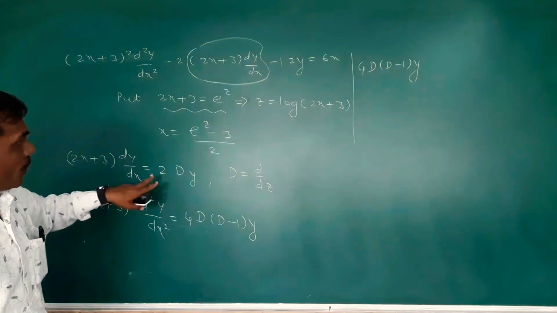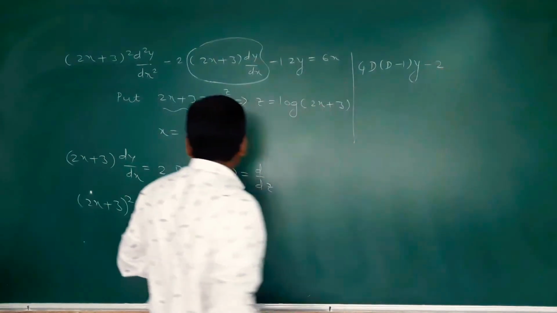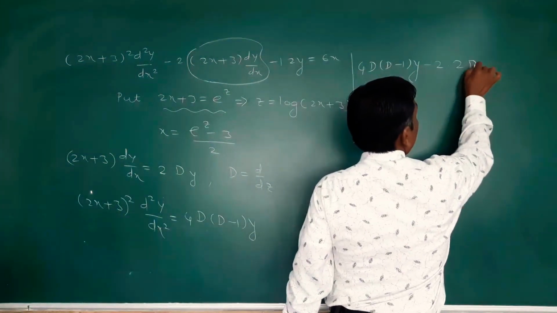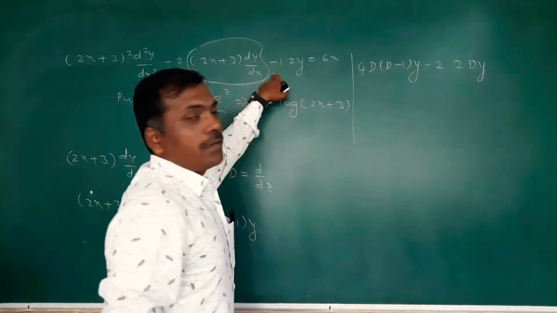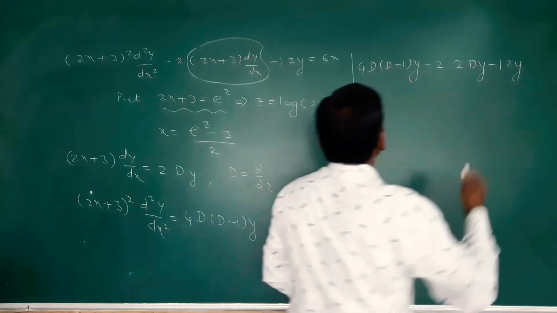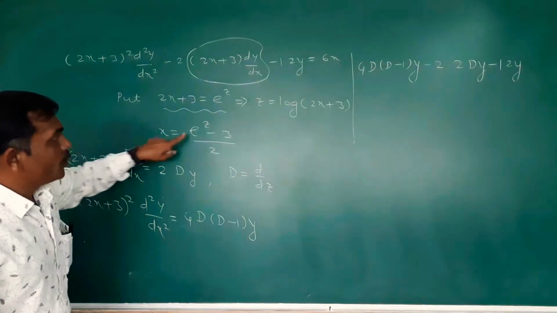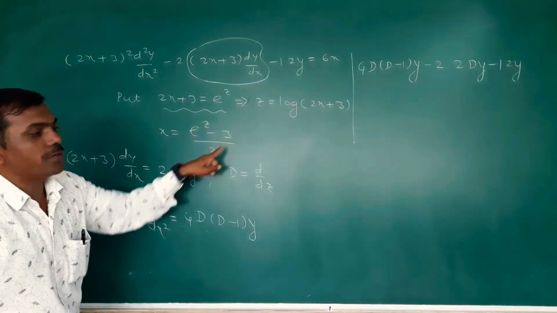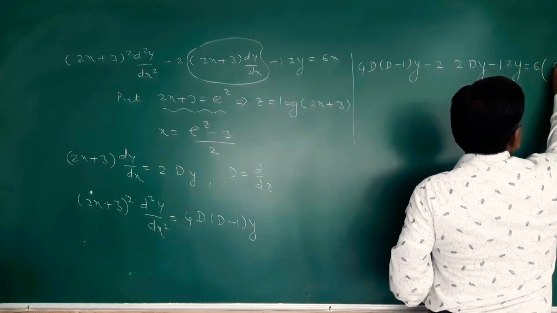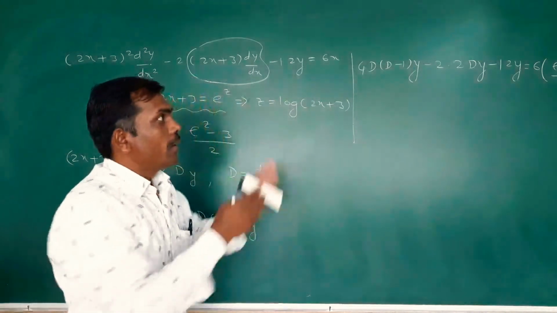Next one is minus 2 into 2Dy, minus 12y is equal to 6x. 6x means 6 into the value of x, which is (e^z − 3)/2. So here 6 into (e^z − 3)/2.